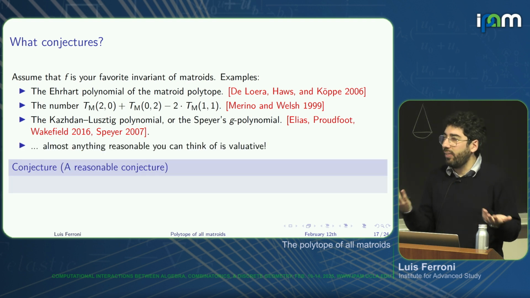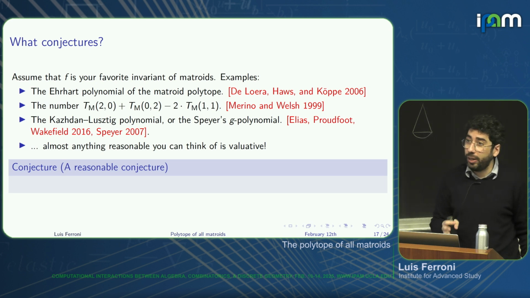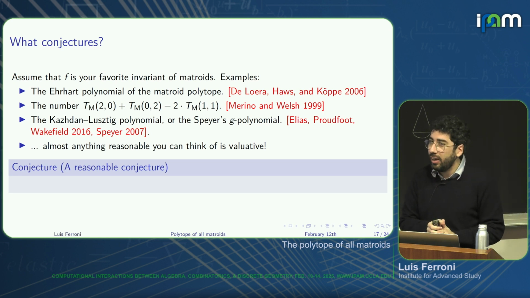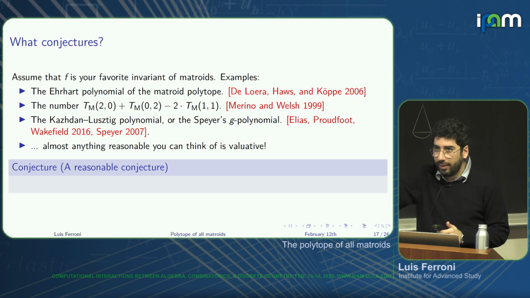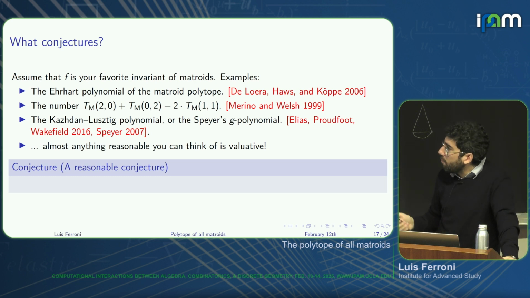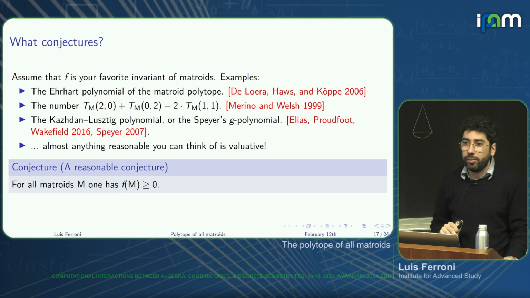In fact, almost anything reasonable that you can think of about matroids. It's very surprising, but whenever you come up with some reasonable invariant, it will be valuative. Of course, if you take the square of the Ehrhart polynomial, that's not reasonable, so that's not valuative. But the Ehrhart polynomial is reasonable, and that's valuative. Let's assume that you want to formulate a reasonable conjecture on your favorite valuative invariant F. You want to conjecture that F is non-negative for all matroids.